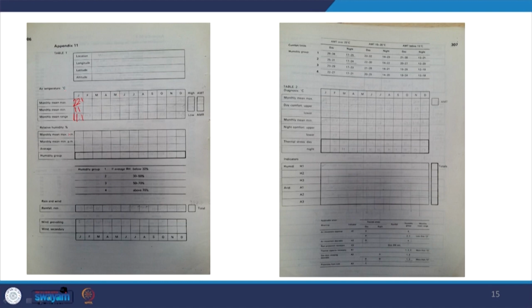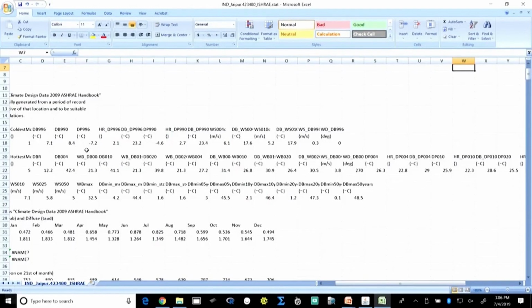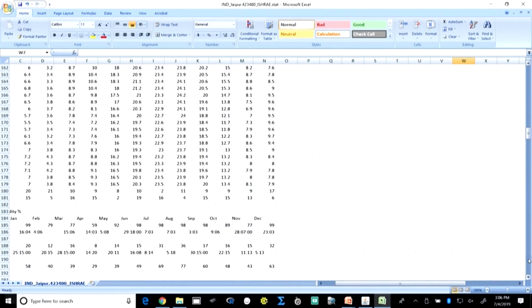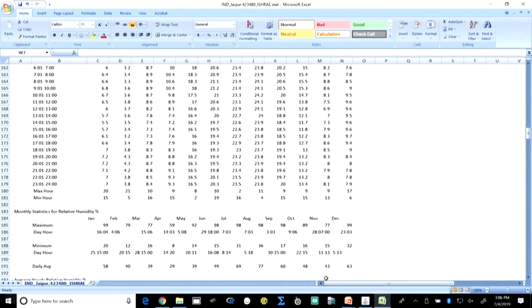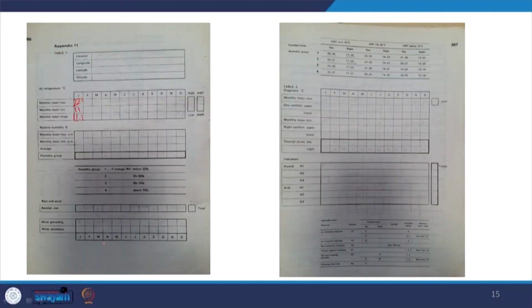The same thing we do for relative humidity. So, monthly mean maximum and monthly mean minimum for each month, the average, and then on the basis of this average that we get here. Say for Jaipur, which we were looking at, we have a monthly humidity maximum of around 100% and minimum of around 20%, the average being 60.